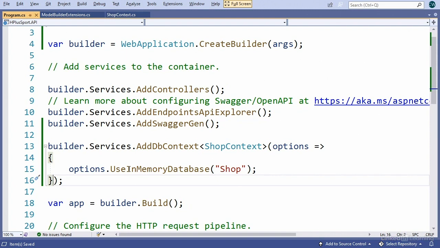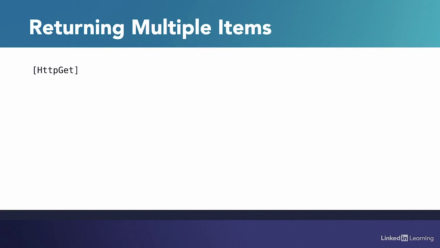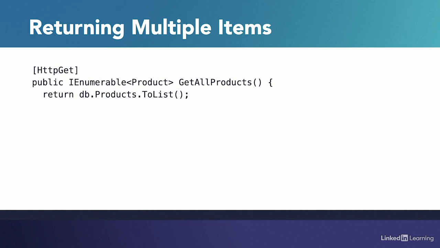It's now time to create our first real API endpoint, one that returns several items. For instance, all of the categories we have in our system or all of the products we have in our system. There are different approaches to achieve that, and the first one, which I think is the most intuitive one, is this. We have a method which is responsible for HTTP GET requests.